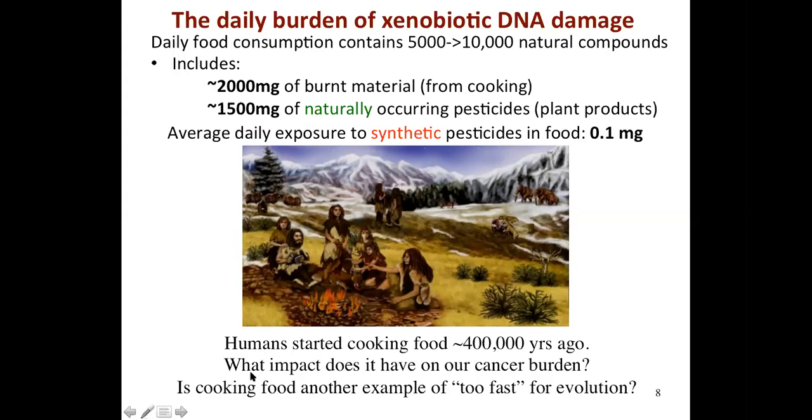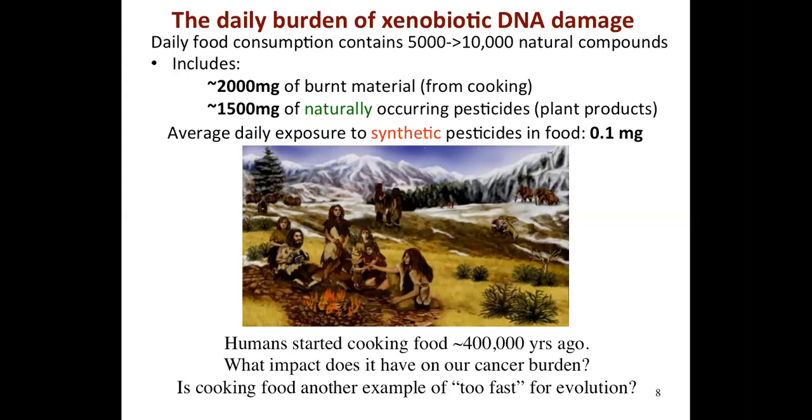So you might ask, well, what impact does this have on our cancer burden? It means we are now exposing our bodies to much higher levels of burnt material than evolution actually intended us to have to deal with. So, you can say, is cooking food another example of human behavior being too fast, too soon, compared to the pace of evolution?